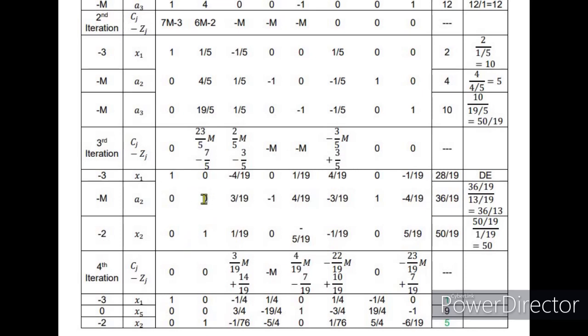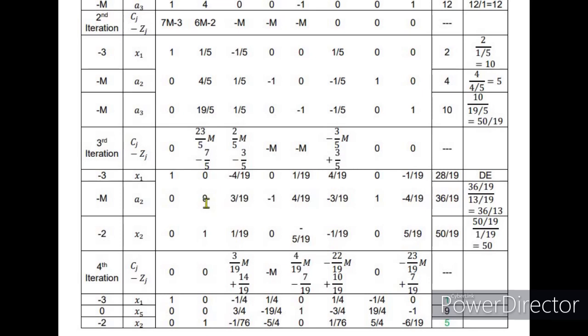So what number should we use to make this element 0? It is 4/5 because it is the value here in a sub 2. Because when we multiply 4/5 with positive 1, it is equal to 4/5. Then we subtract 4/5 from 4/5 here, it will be 0.